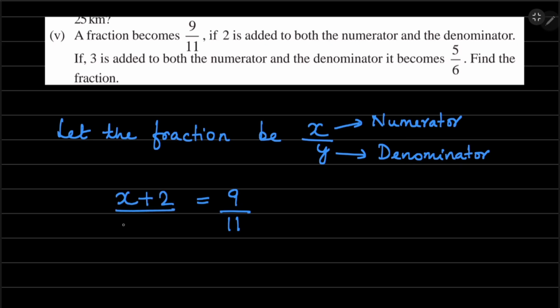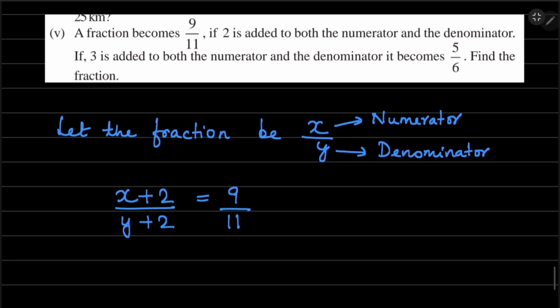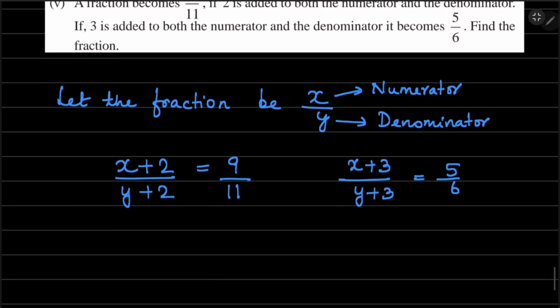You are adding 2 to both numerator and denominator. Okay, so this is the first one. The second one is: if 3 is added to both numerator and denominator, so let's add 3. So x plus 3 by y plus 3, the fraction becomes 5 by 6. You have to find x and y.